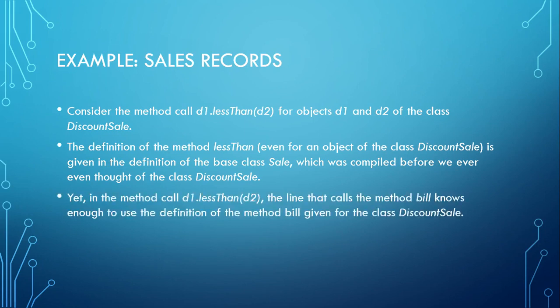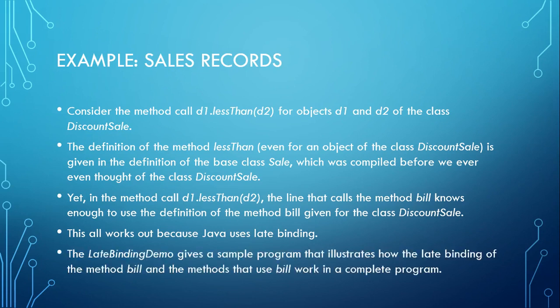Yet in the method call d1.less(d2), the line that calls the method bill knows enough to use the definition of method bill given for the class discount sale. Again, remember, less than is inherited. And the reason why this can all work is because Java uses late binding. If Java used early binding, it would not work.